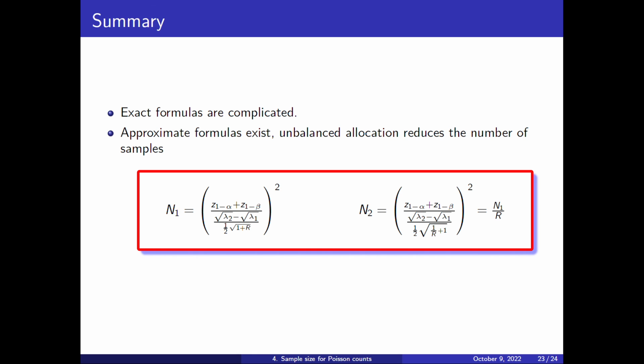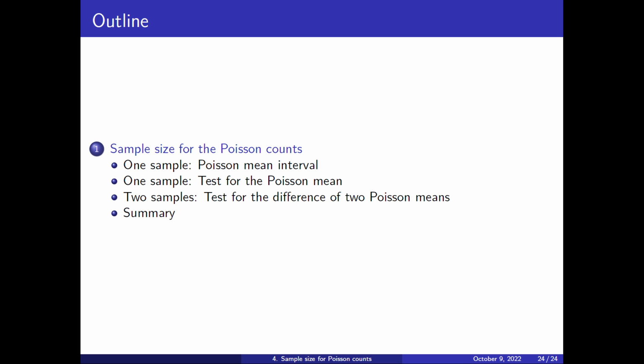And here is an example of these formulas. So we have the term depending on the confidence level, the term depending on the statistical power, and then a normalized effect size. And the normalization depends on what is the transformation that we have used. So this would be all for Poisson rates, and see you in the next video.